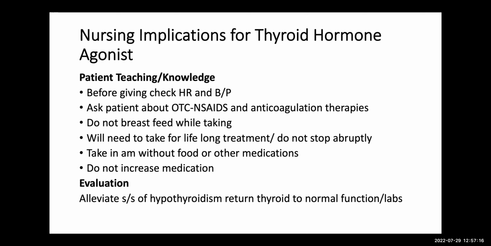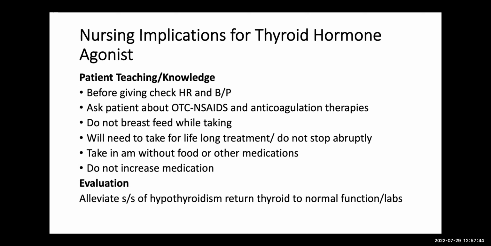Now, we're constantly evaluating this patient every time we give it. Because if I check a patient's heart rate and blood pressure before I give a med, such as this one, and the heart rate's 100, this medicine is going to make the heart rate go up even more.